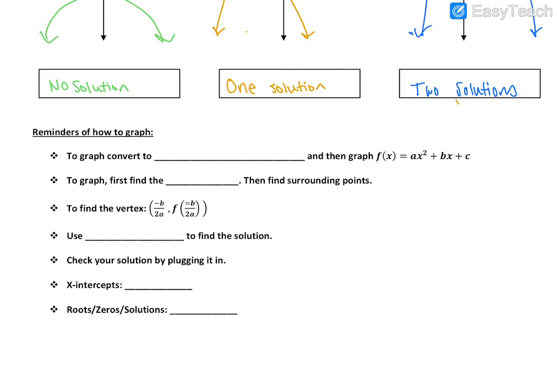So here are some reminders and steps on how to graph. So to graph, convert to 0 equals ax squared plus bx plus c. If it's not already set equal to 0, you have to make sure you do that. And then you're graphing f of x equals ax squared plus bx plus c.